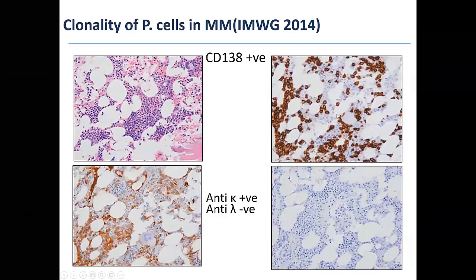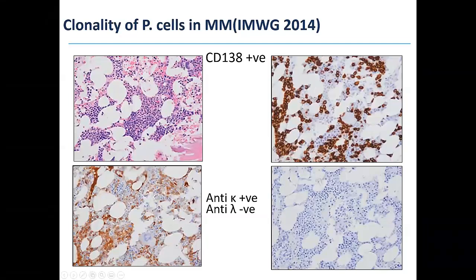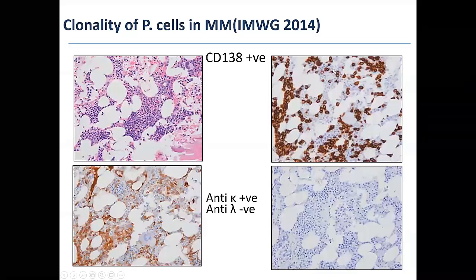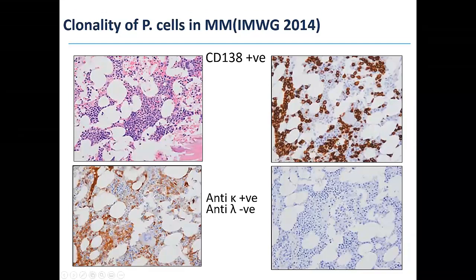So we prefer CD138. Now you can see here the number of plasma cells was increased, but we didn't know how much. Now here we have all these plasma cells. You can count the other nuclei, count these plasma cells, and give the exact number of plasma cells. Obviously, more than 40% plasma cells are present.